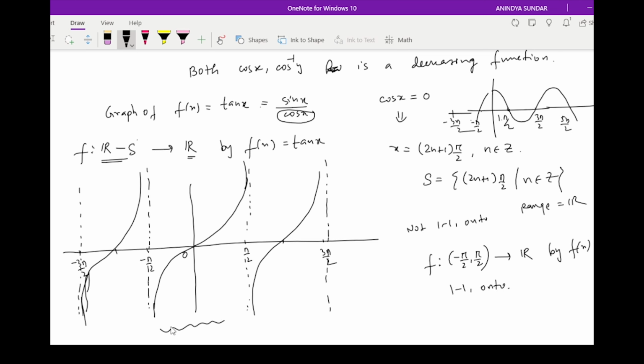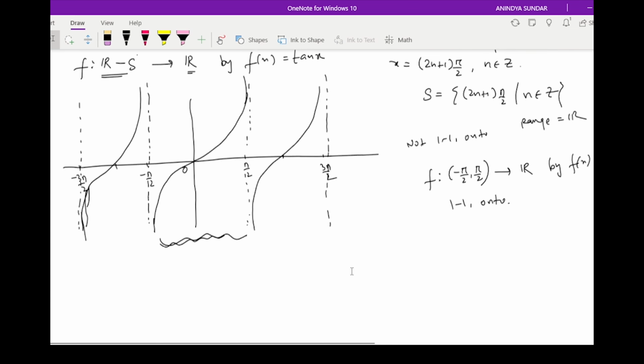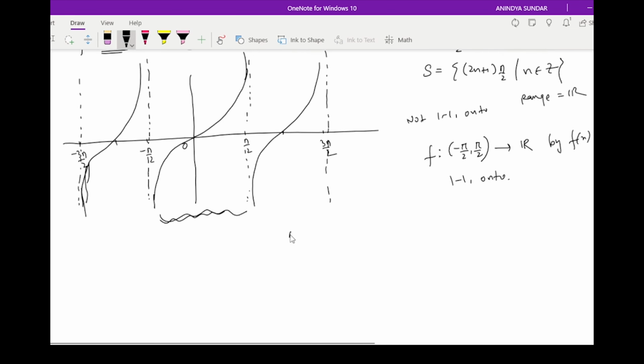I have just chosen this portion from the whole part. This is minus π/2 to π/2. This is the graph of tan x, where it becomes one-one and onto.